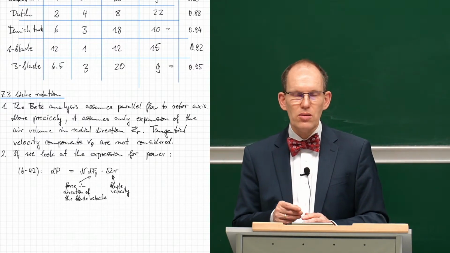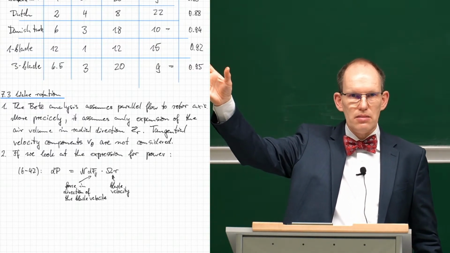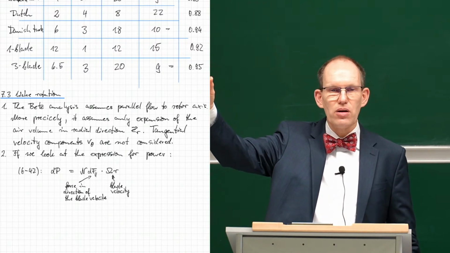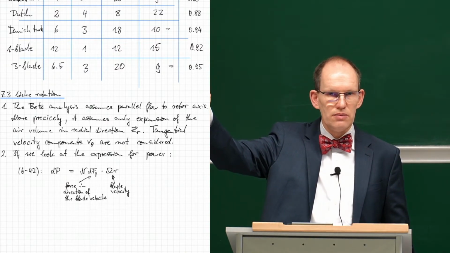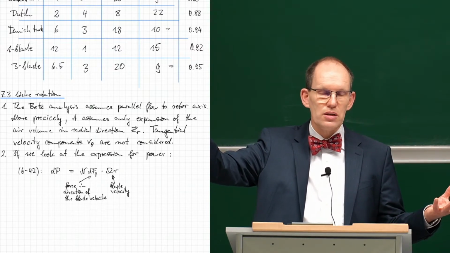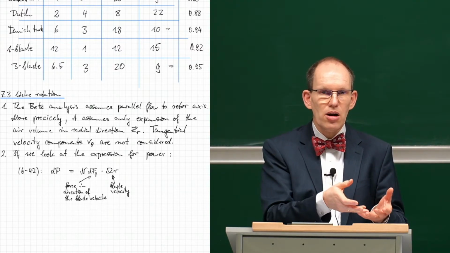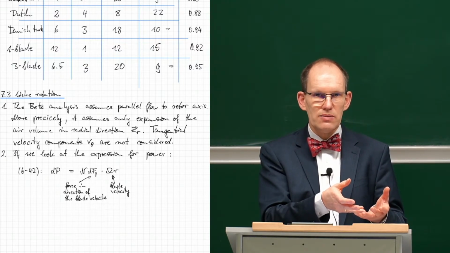If we are closer to the tip, then we know that the blade velocity is very large, right? And therefore the lift force is rather low, right? And close to the rotor axis, it's vice versa.